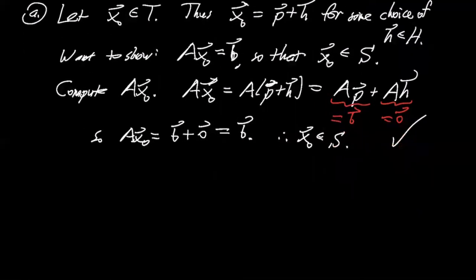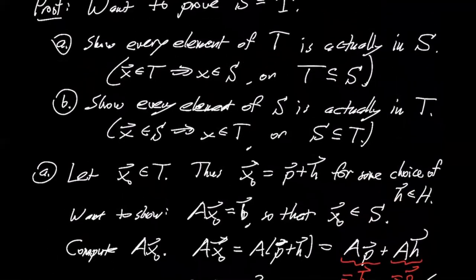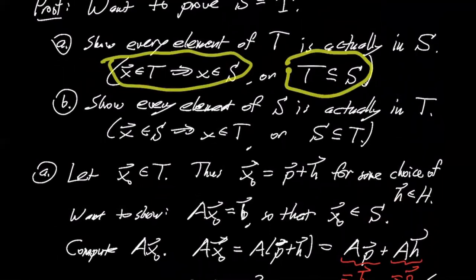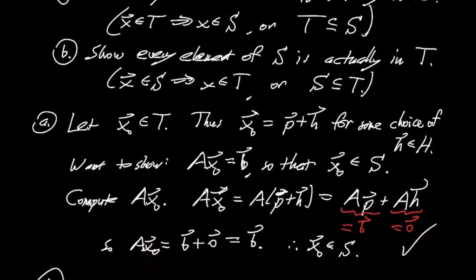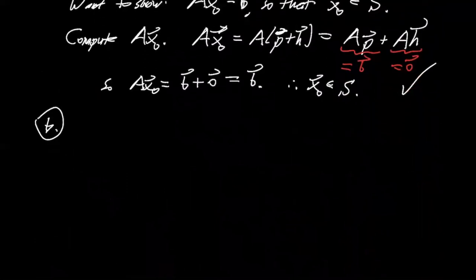Okay, now what about the other direction? Pause if you need to think about that and go through the logic, but we just showed this statement, that T is a subset of S. T was the set of particular plus homogeneous solutions, and we just showed that every particular plus homogeneous solution is a solution of the original matrix equation.